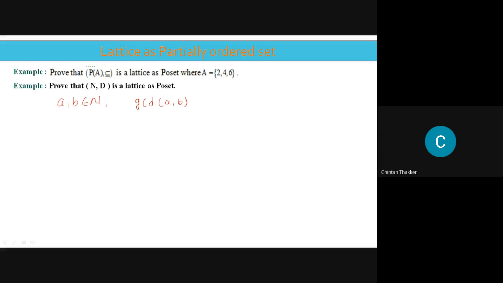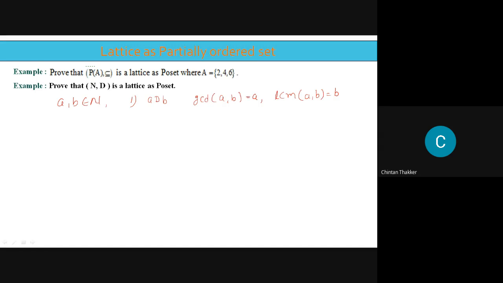Here for a and b, we have four cases. The first is a divides b. If a divides b, then GCD of a and b is a, and LCM of a and b is b.